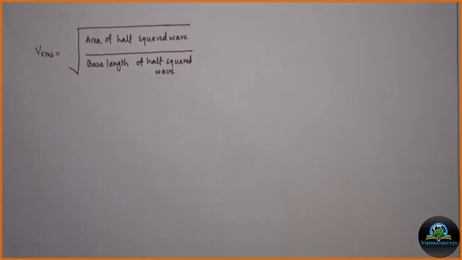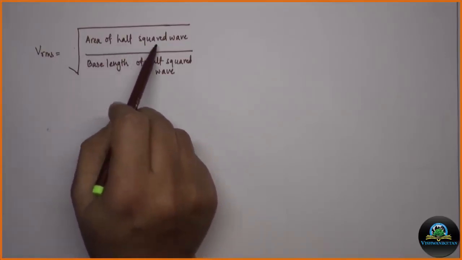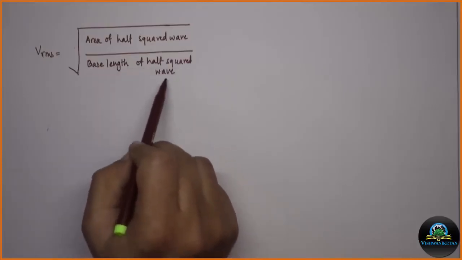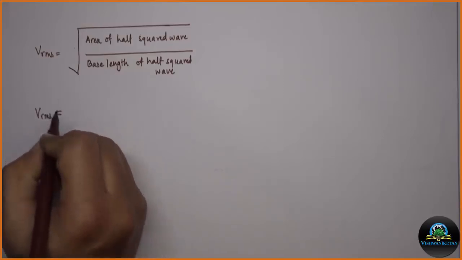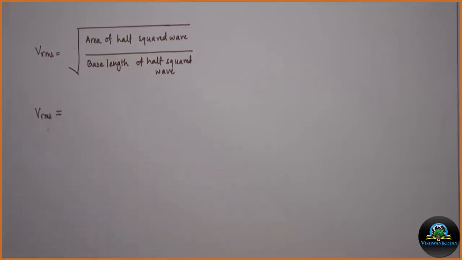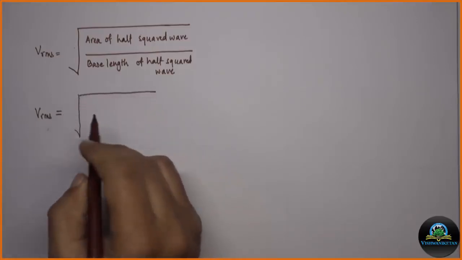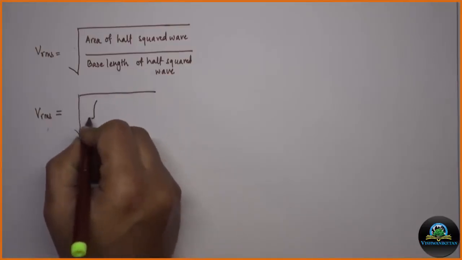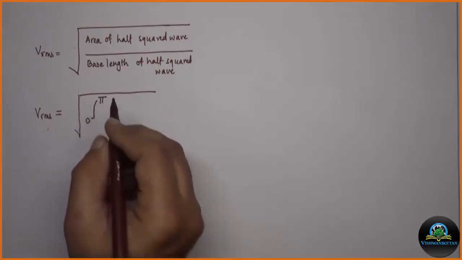For half cycle, the RMS value can be calculated by formula: square root of area of half squared wave divided by base length of half squared wave. From our waveform, we can write down the area of half squared wave. Area can be calculated by integration over half cycle of 0 to pi.